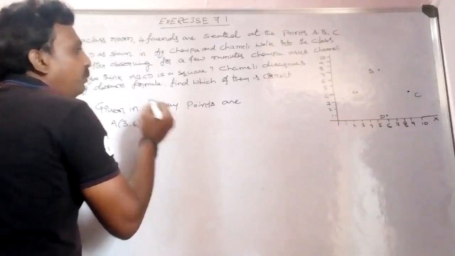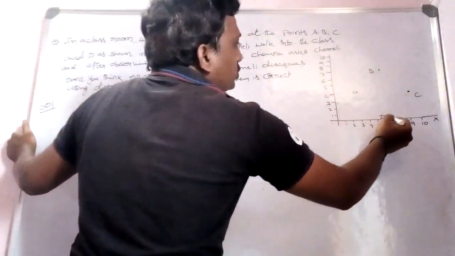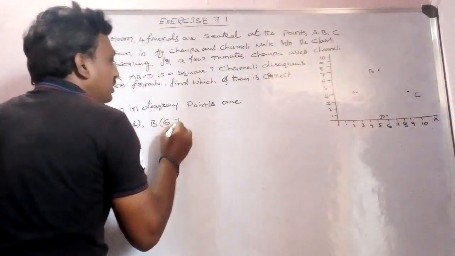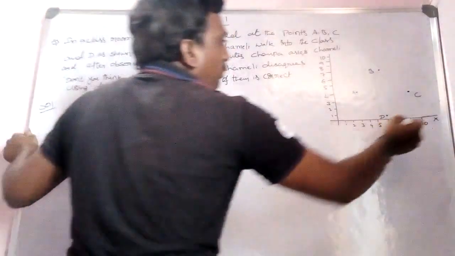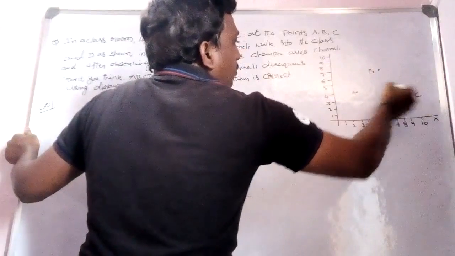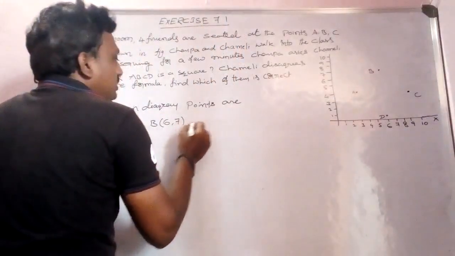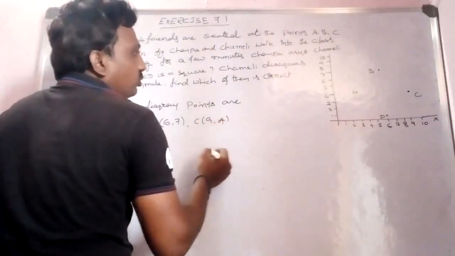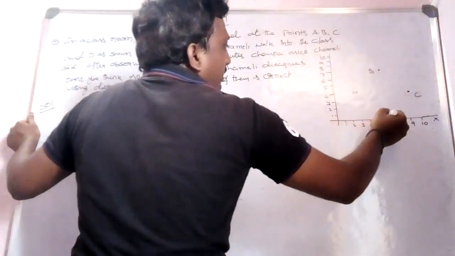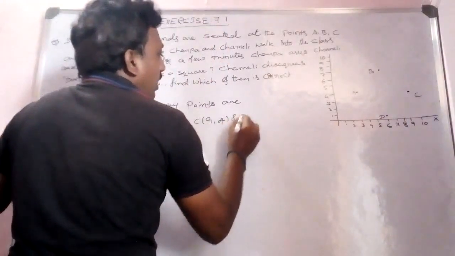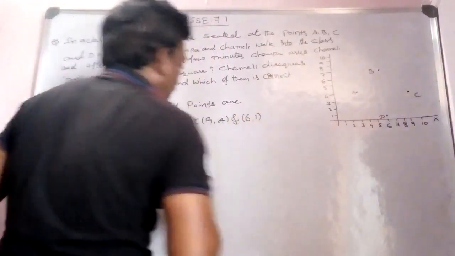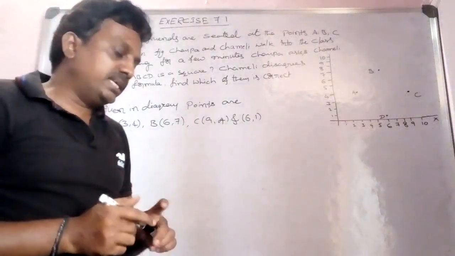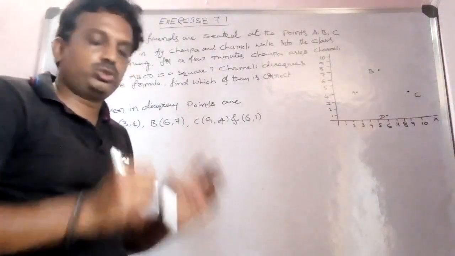B point is 6, 7. C point is 9, 4. C point, X coordinate is 9, Y coordinate is 4. Last, D point is 6, 1.